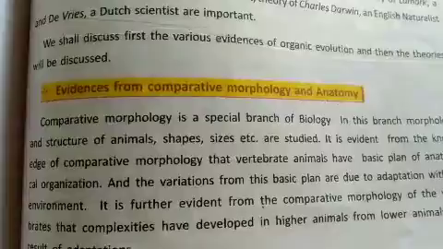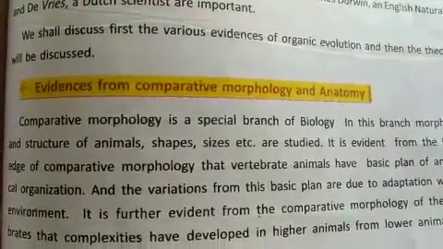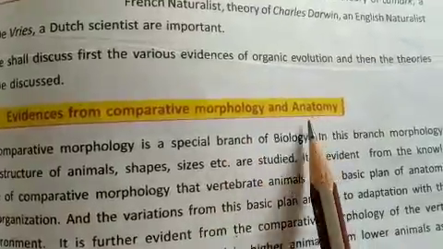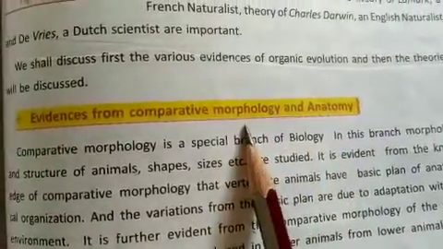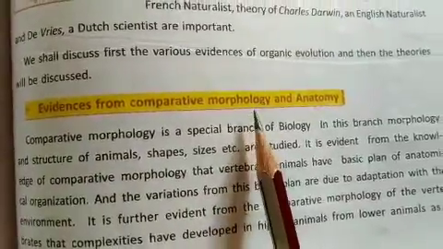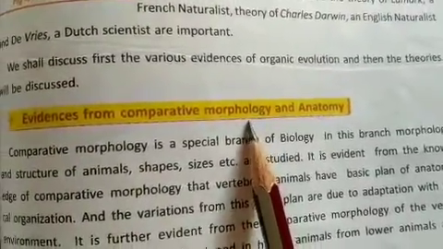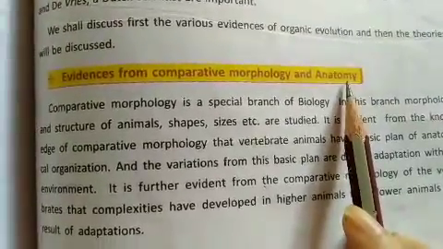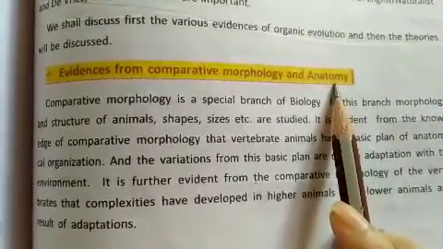Now see evidences from comparative morphology and anatomy. First we have to know what is morphology and what is anatomy. Morphology means the external structure, the shape and size of an organism, and anatomy means their internal organs, the internal structure of an organism.